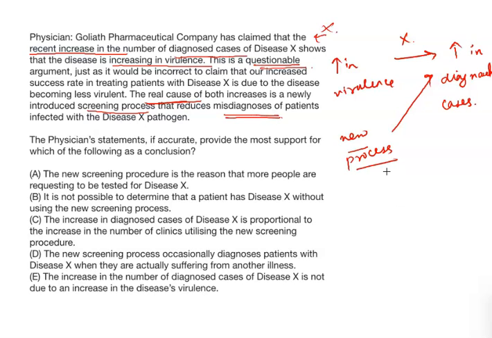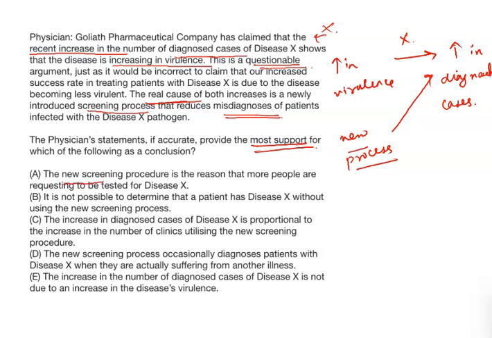All right. Now let's look at the options. We need to find what the physician's statements, if accurate, provide the most support for as a conclusion. So let's look at A. A says the new screening procedure is the reason that more people are requesting to be tested.